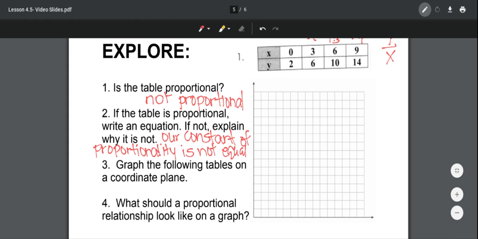If we graph 0, 2, we would start right about there. 3, 6, 6, 10, and 9, 14. And as you can see, there is a slight curvature of these points.